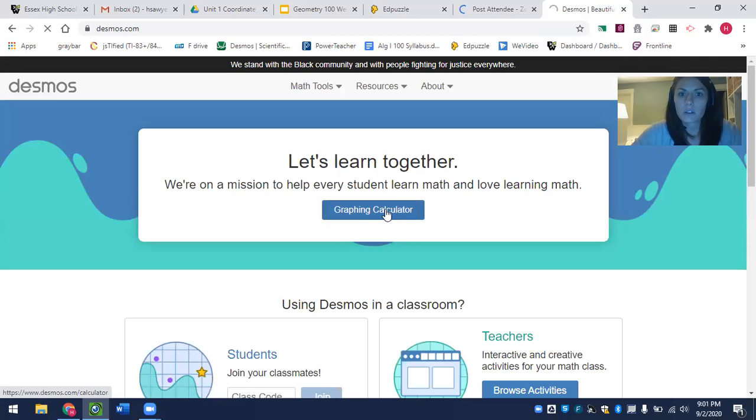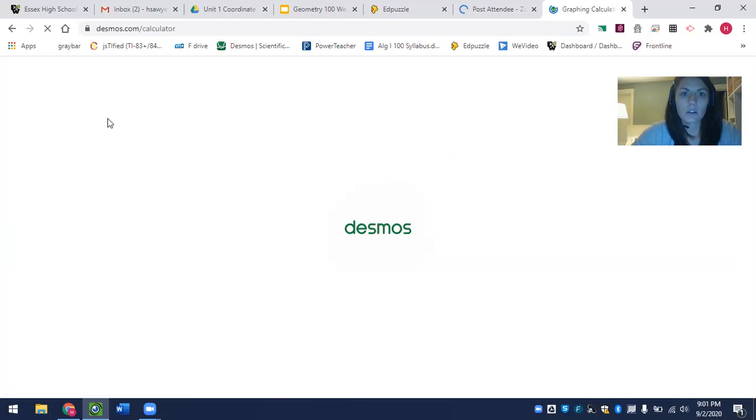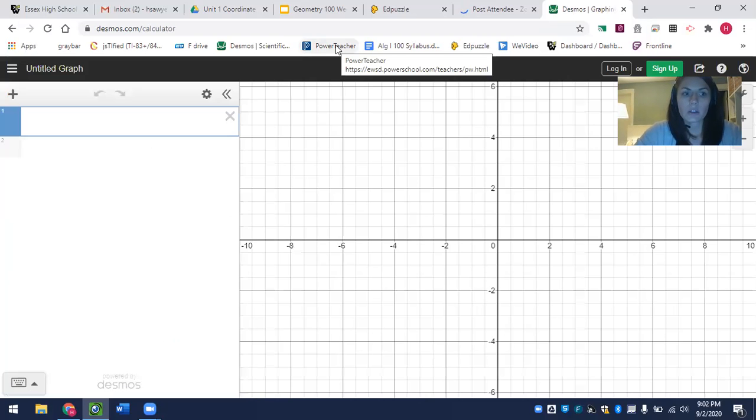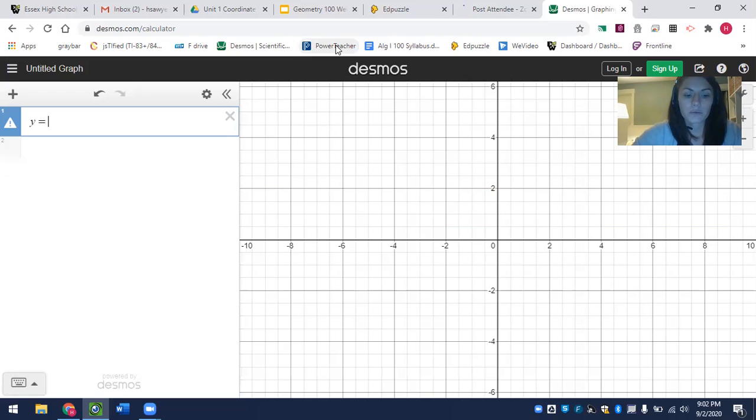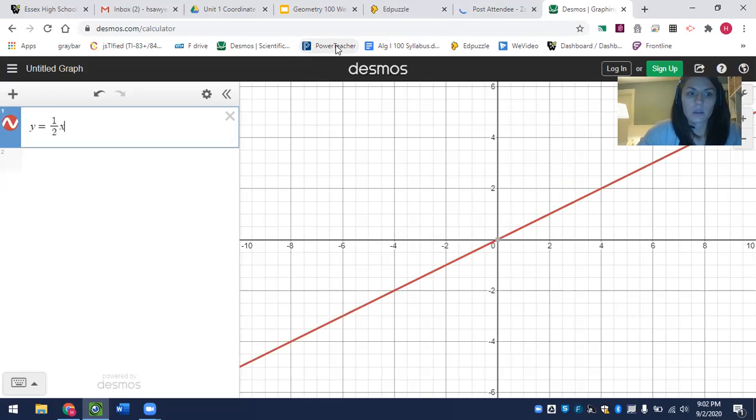So looking at our graphing calculator, I'll choose a different equation. Let's do 1/2 x plus 1.